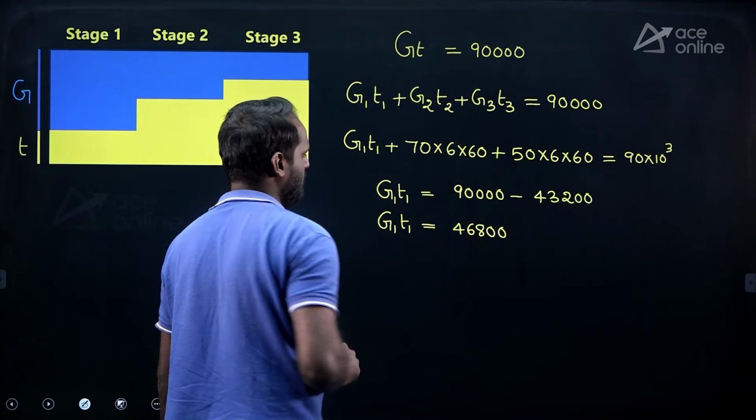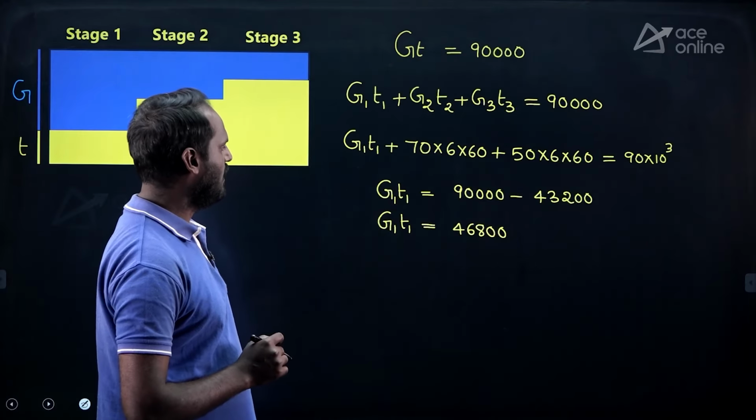This is for the first stage, right? 46,800, I guess.